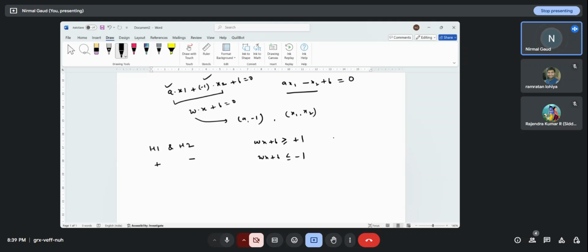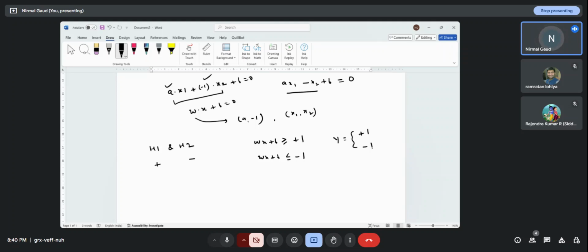Here y, the output class, positive and negative, are represented as plus 1 and minus 1.